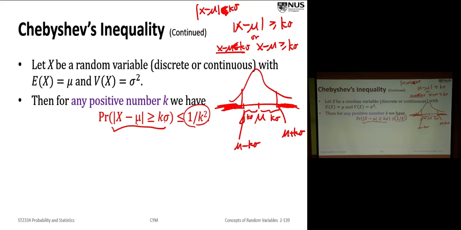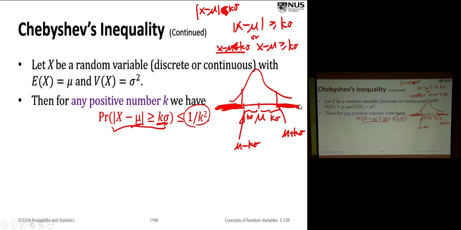This is mu, this point is mu plus k sigma, and this point is mu minus k sigma. Beyond that, these two parts, the chance that it falls here and here is less than or equal to 1 over k squared.